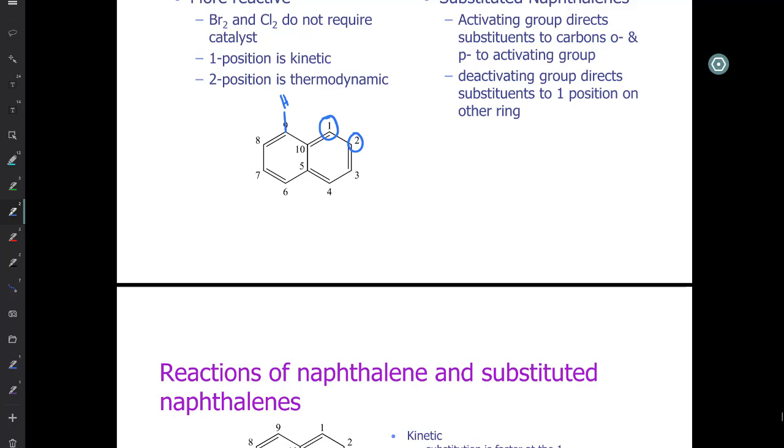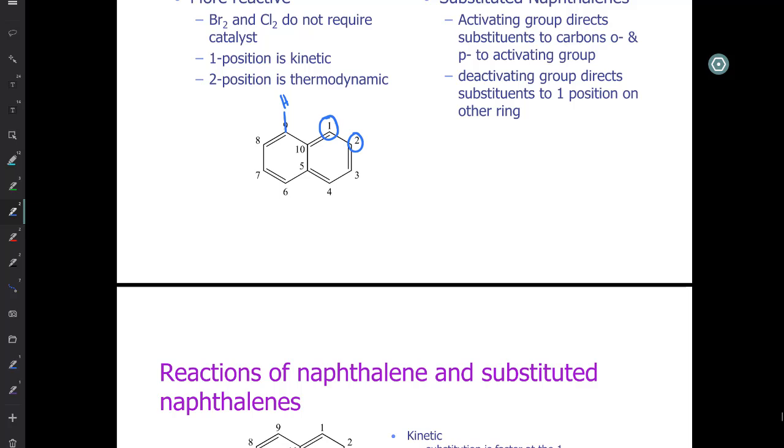The same rules apply: if you have an activating substituent, then the next substituent tends to go ortho and para to the activating group. And if you have a deactivating substituent, then it tends to go in the kinetic position of the other ring.